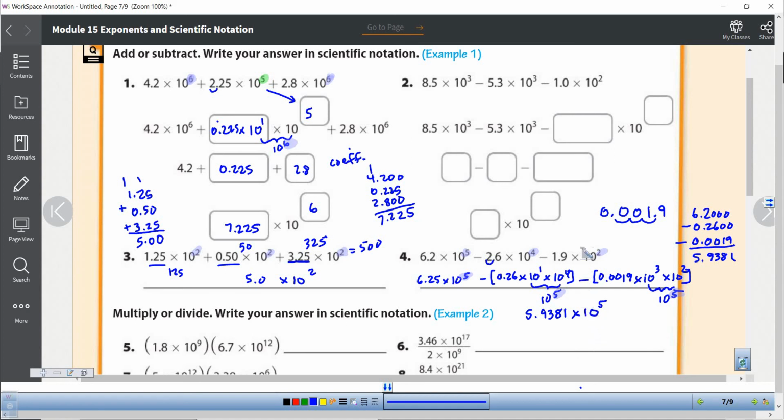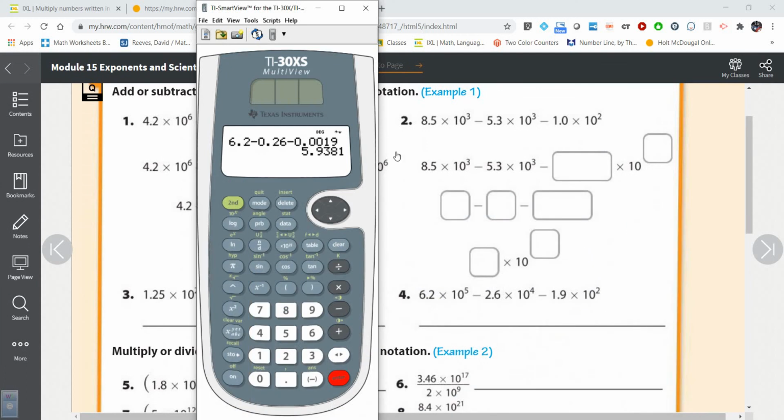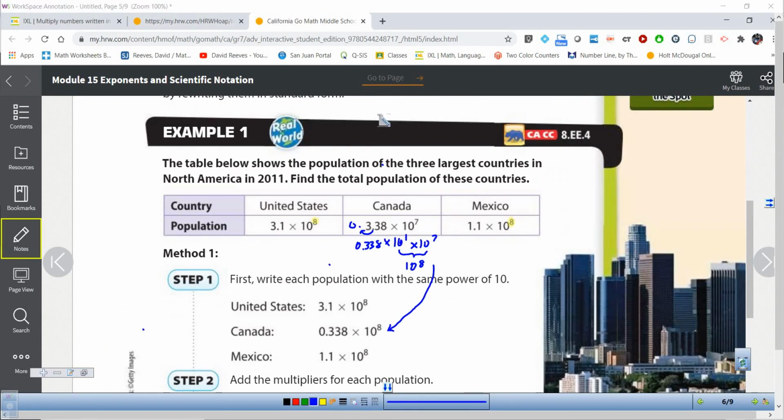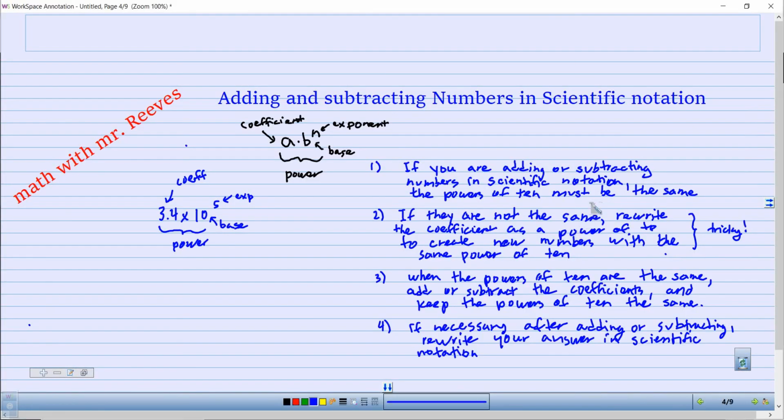Okay? So to summarize, when we are adding or subtracting in scientific notation, all right, the powers of 10 must be the same. If the powers of 10 are not the same, rewrite the coefficient as a power of 10 to create a new number with the same power of 10. That's that tricky part, okay?